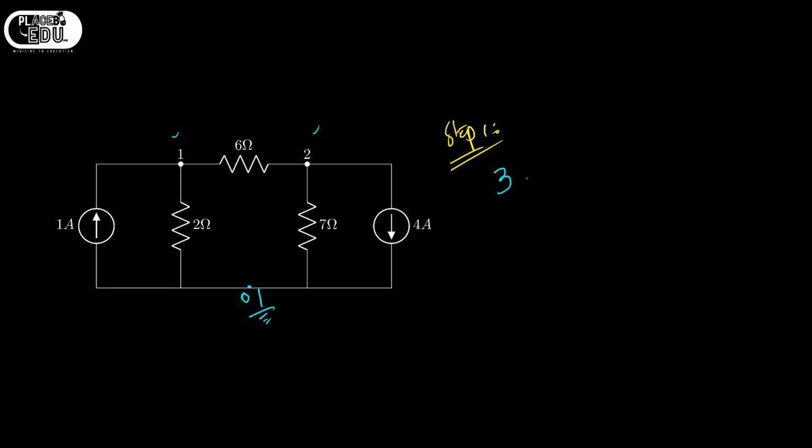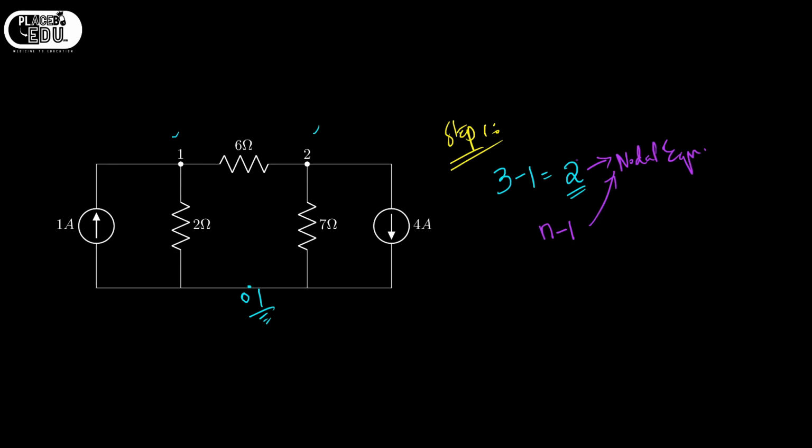We have 3 nodes, and I assigned 1 as reference, so the nodes left are 2. This number 2 has a significance: we will have 2 nodal equations. Understood? The number of nodes minus 1 gives us the number of nodal equations in nodal analysis.